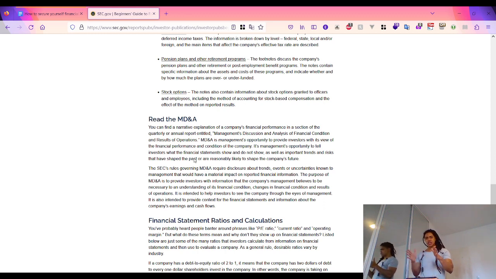So the cash flow statement analyzes the net income from the income statement and reconciles that with the total cash that a company used for or received from operating activities.